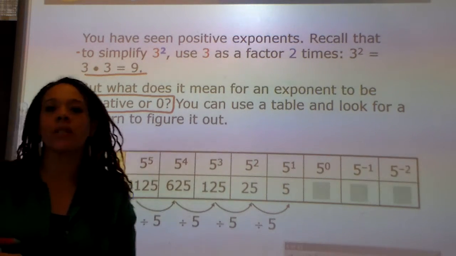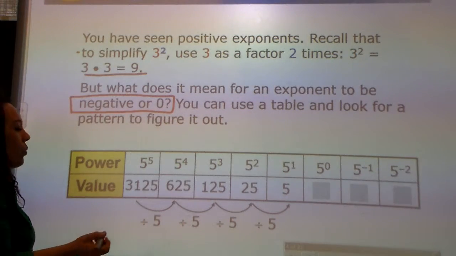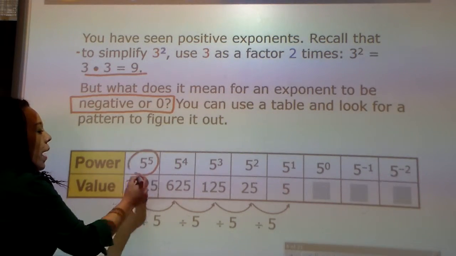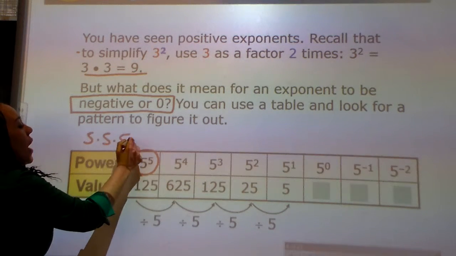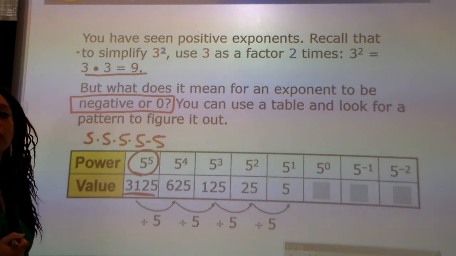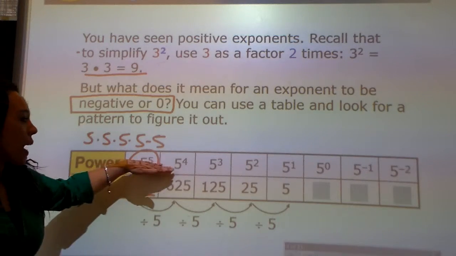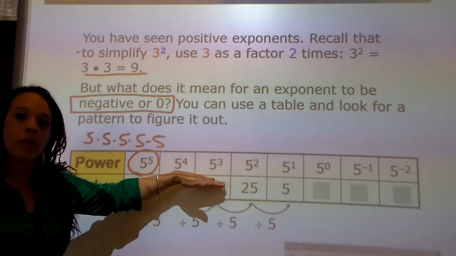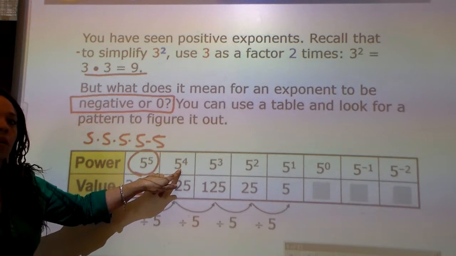What I want to show you is a pattern that exists. So here, if we were at 5 to the 5th power, that would be 5 times 5 times 5 times 5 times 5, which would give you the value 3,125. But every time you go down a power, you notice here, this is to the 4th power, it went down a power.